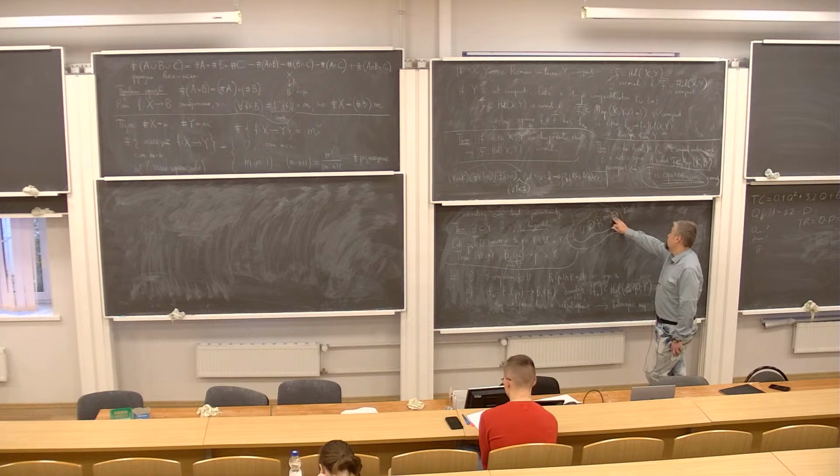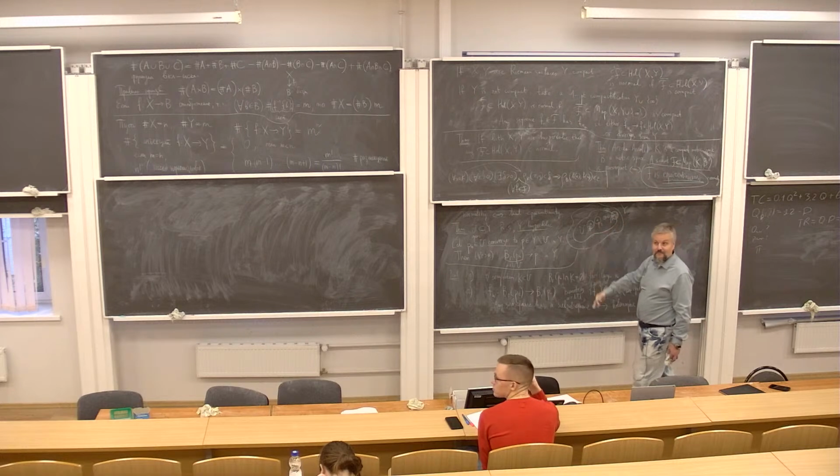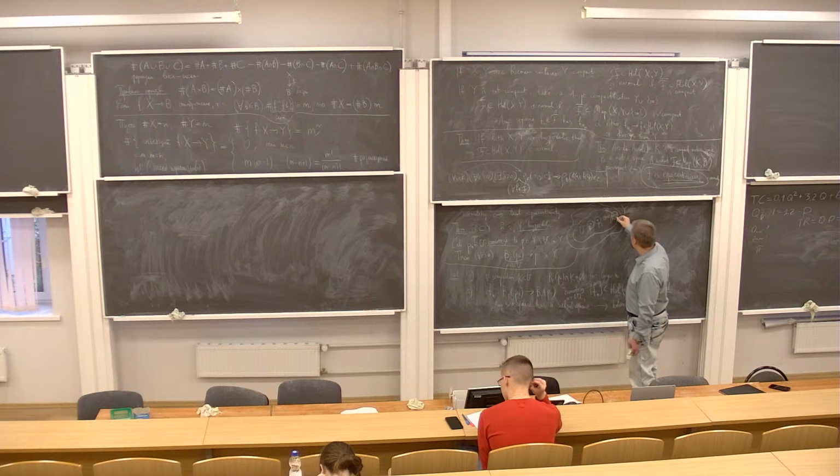Well, all these disks will also be inside, but that is the limit. So they either all coincide or, well, eventually coincide, which is a contradiction because their centers go to infinity. Or, well, anyway, they cannot stay.